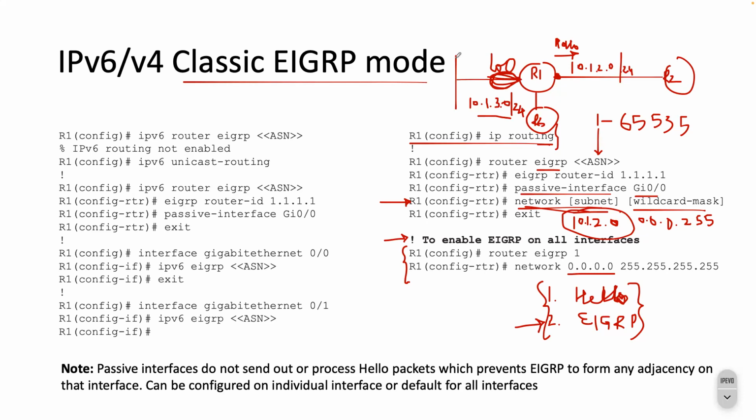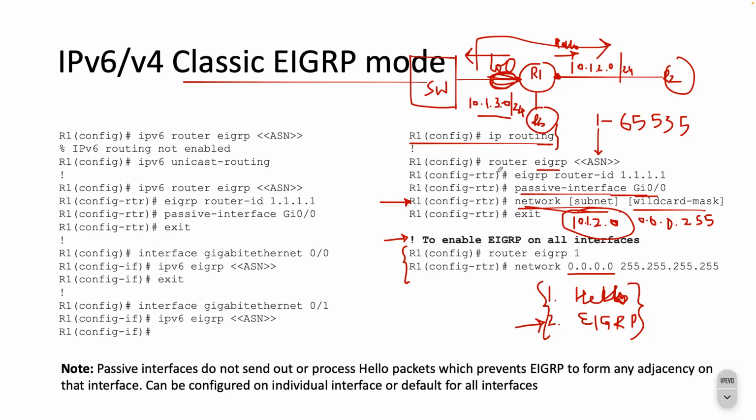You have a switch over here, you are running HSRP or something, but you're not using any EIGRP neighborship. You want to advertise this subnet. You'll declare it as passive. You do not want to send any hello towards your switch, but you want to advertise this subnet. You will define it as a passive interface.